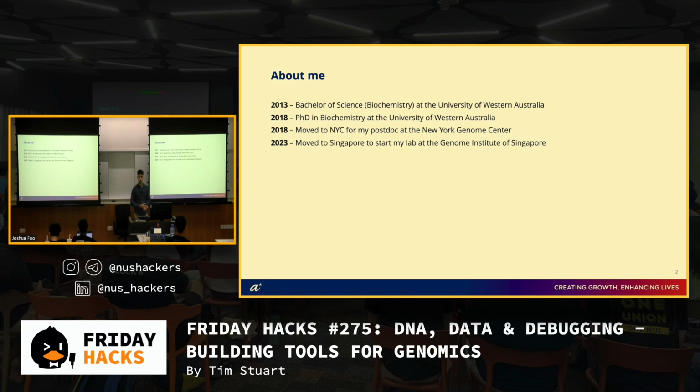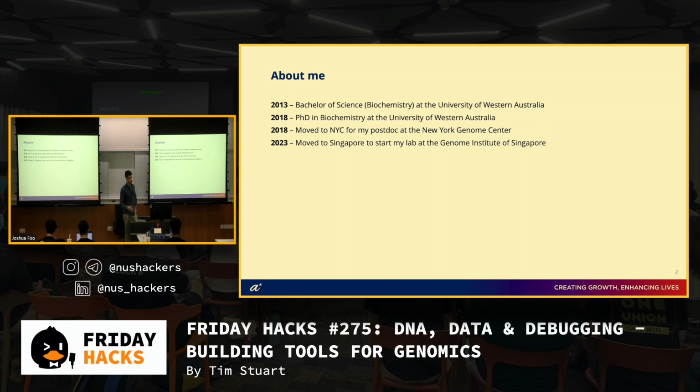That was my first exposure to programming. Part of my PhD was developing a Python package to detect different sorts of DNA variants from DNA sequencing data. So I learned a little bit through that.